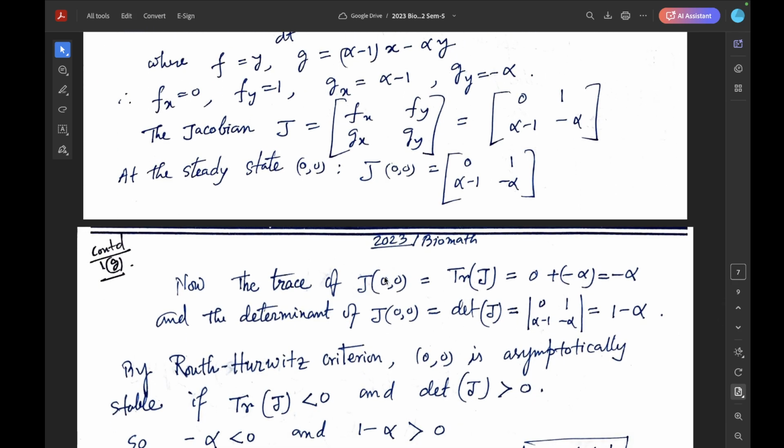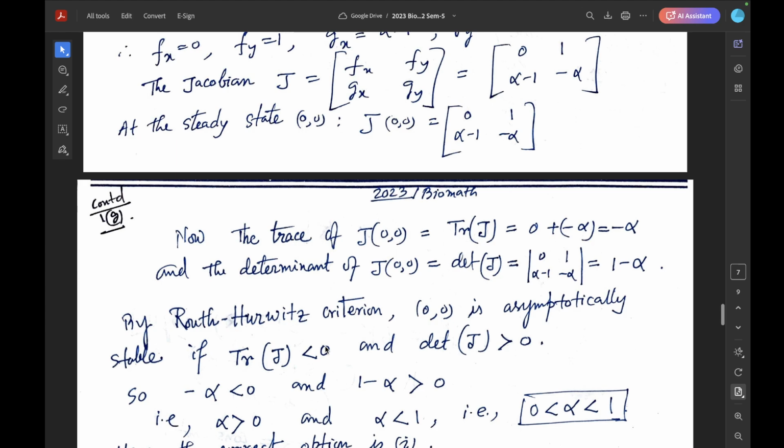Now the trace of this Jacobian, trace J, is the addition of the principal diagonal elements, 0 plus minus alpha, which is equal to minus alpha. The determinant of J(0, 0) is the determinant of [0, 1; alpha minus 1, minus alpha], which is equal to 1 minus alpha.